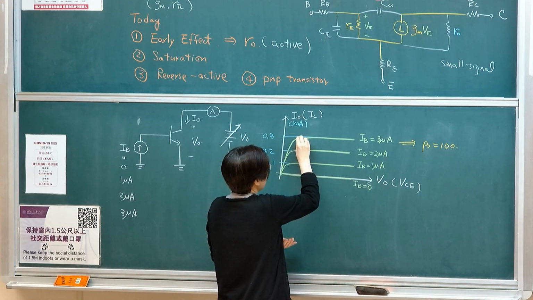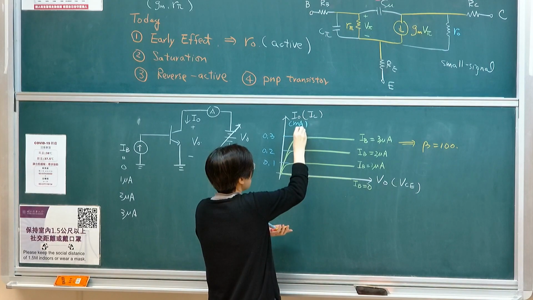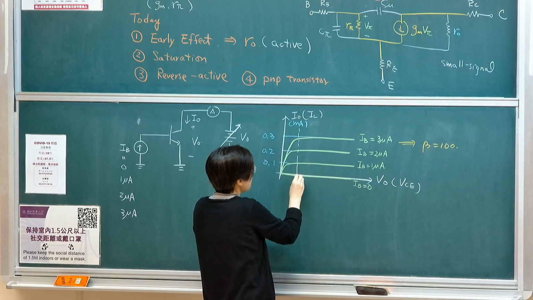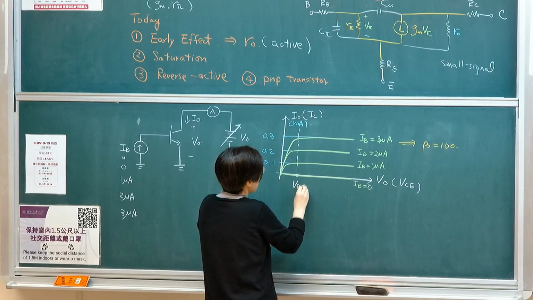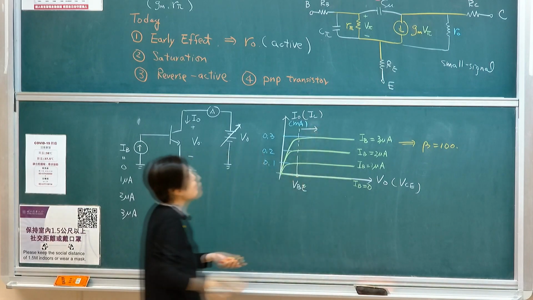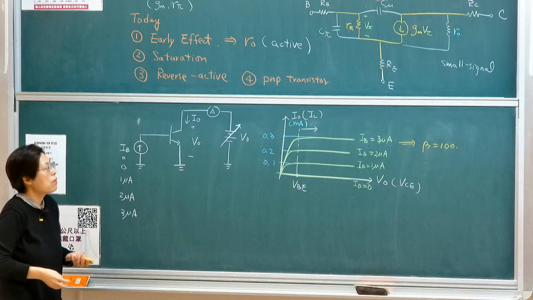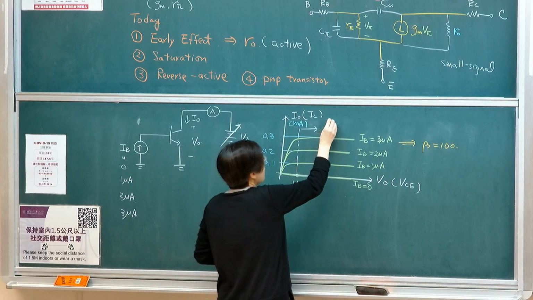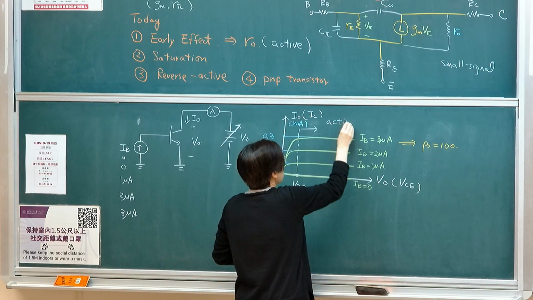Instead of having a flat line, let me first set the boundary. Let's say this is my VBE. I know that past this, I should be able to observe that this is in the active region, right?